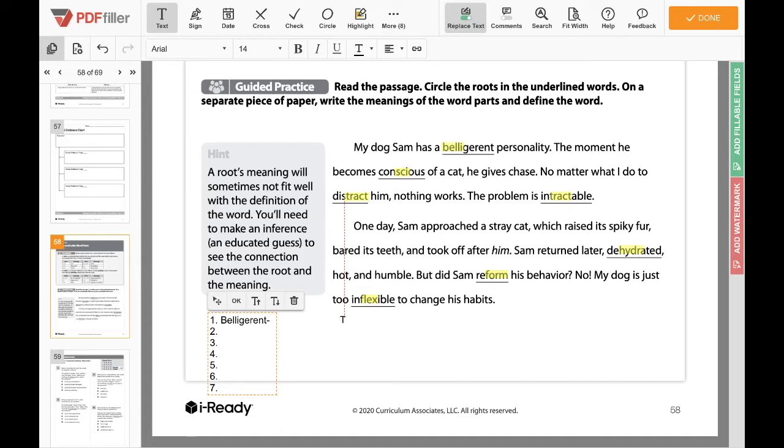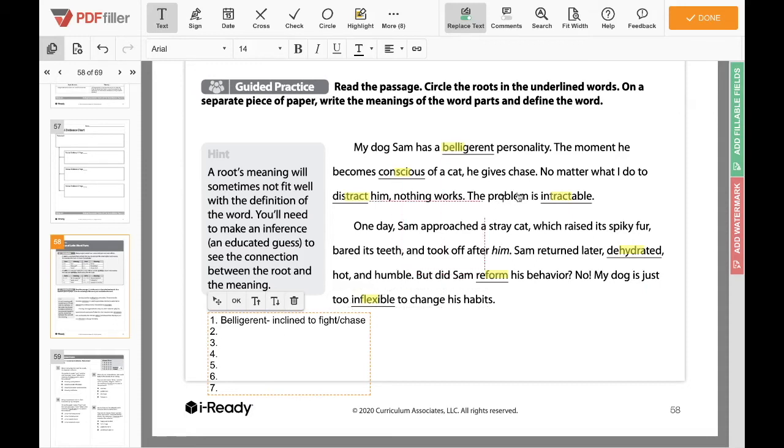So belligerent could mean that he's inclined to maybe fight, or inclined to chase, something like that. He's inclined to be a little bit more aggressive than normal, or a little bit more out there than normal.